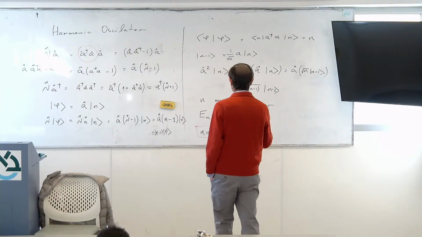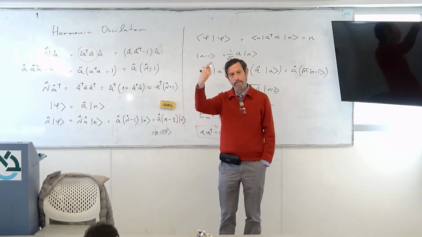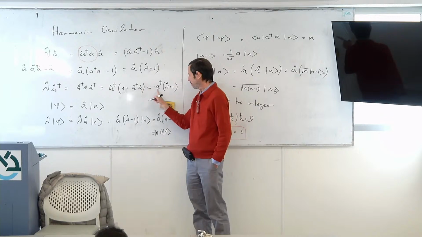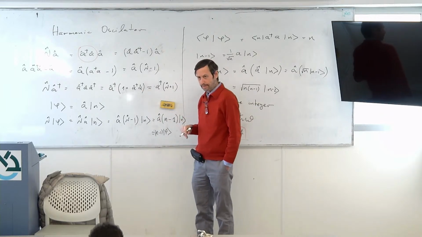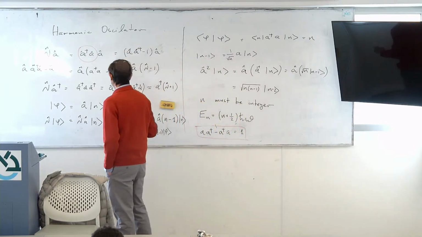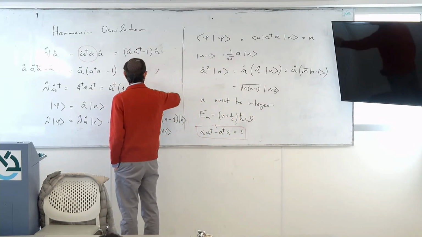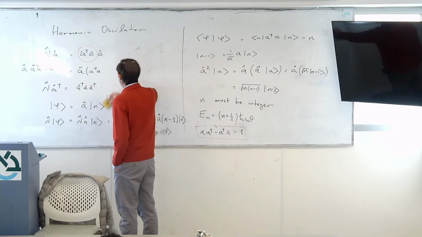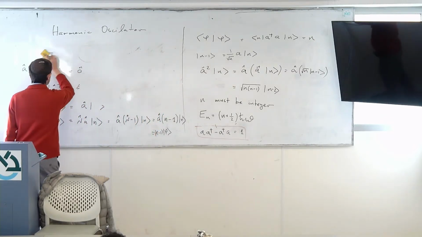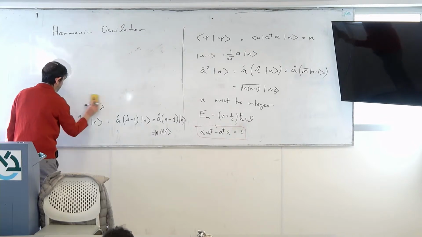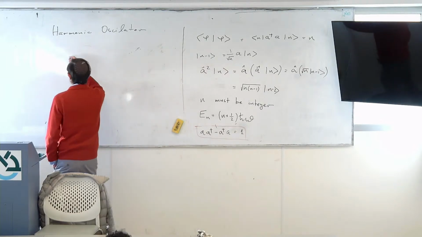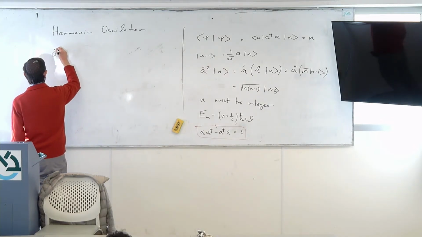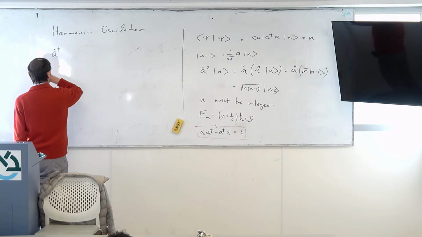Okay, I can write the ladder the other way up. See what's happening here. So, in principle, any eigenvector of this system, or let's say, let's start with a simple case of A dagger of n.